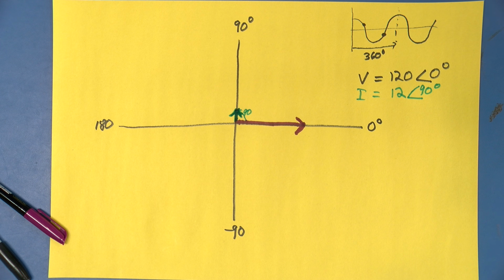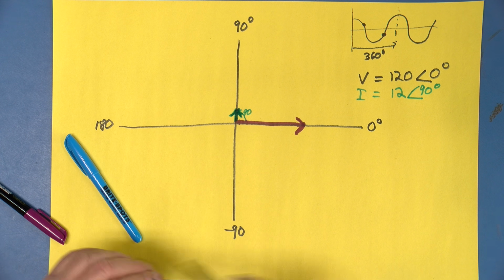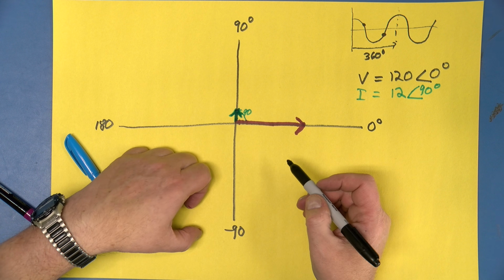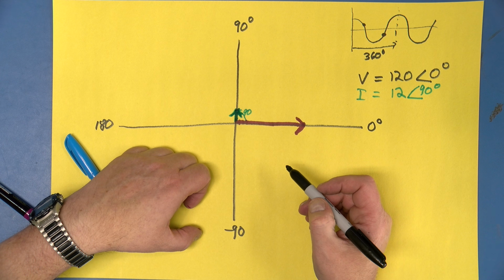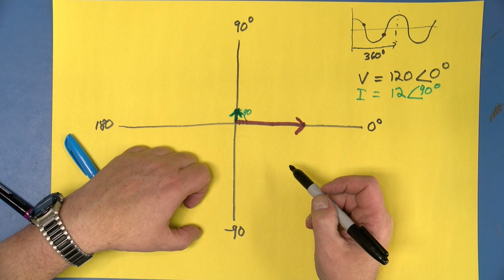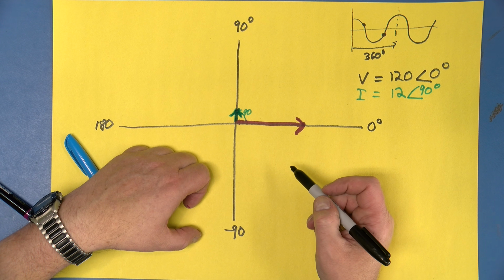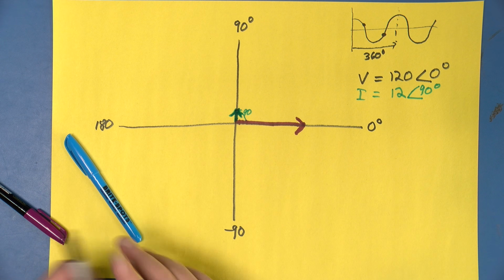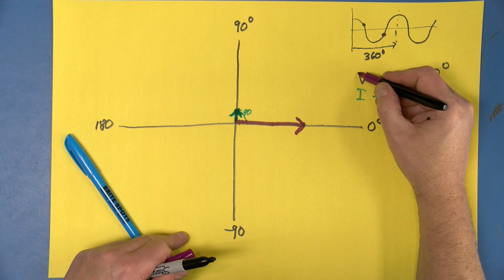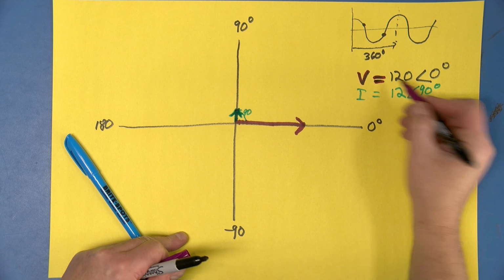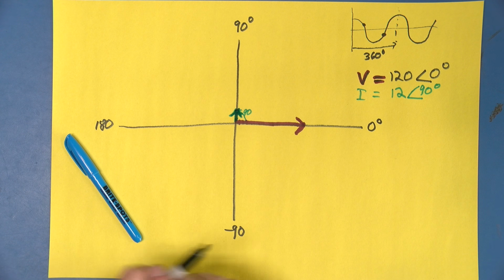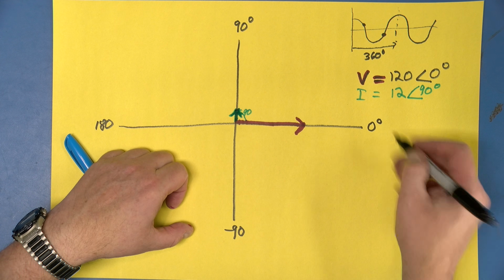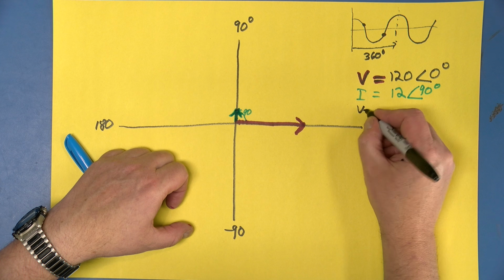Now, we had dealt with another number in one of our examples, a current of 8.5 at 45 degrees. Well, we'll pretend it was a voltage, so we'll say there's another voltage. We'll call it V2.